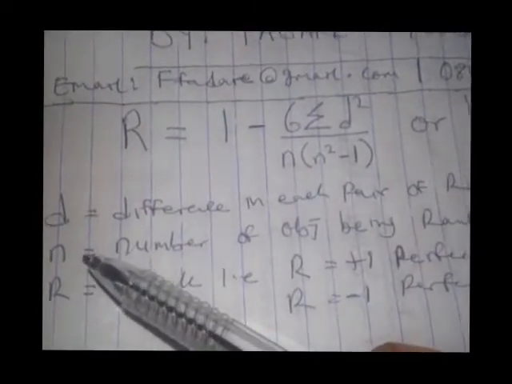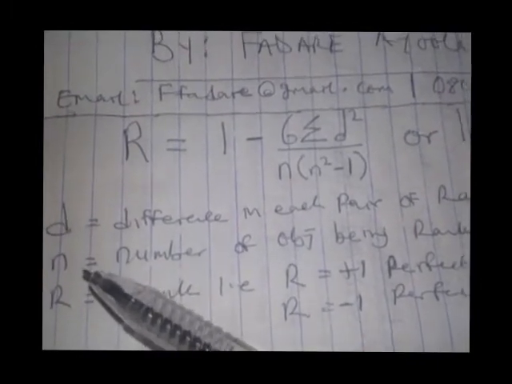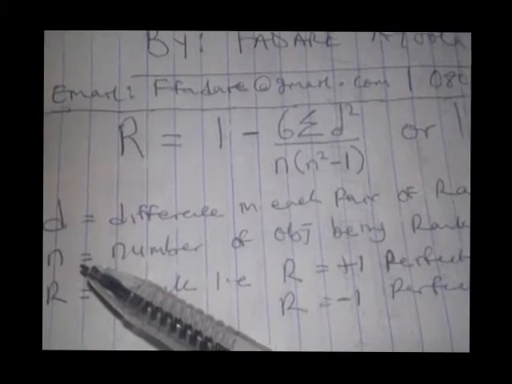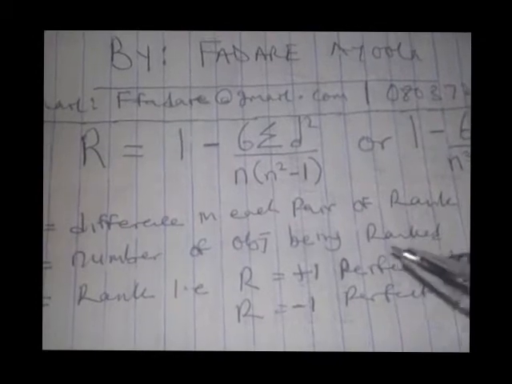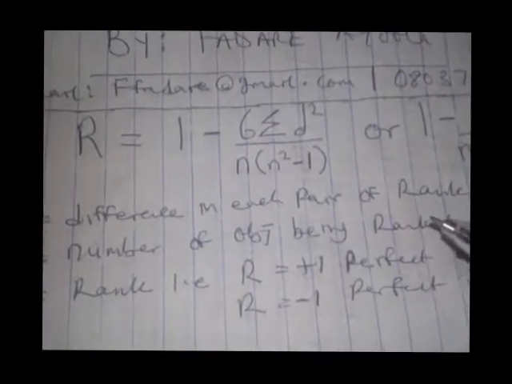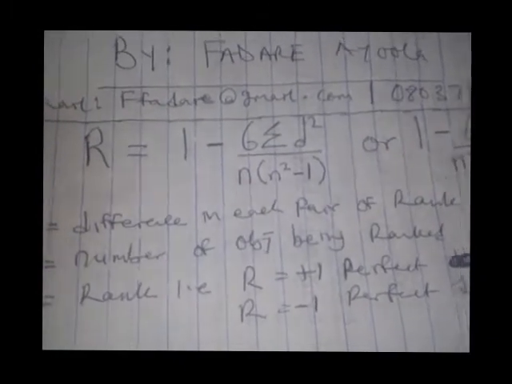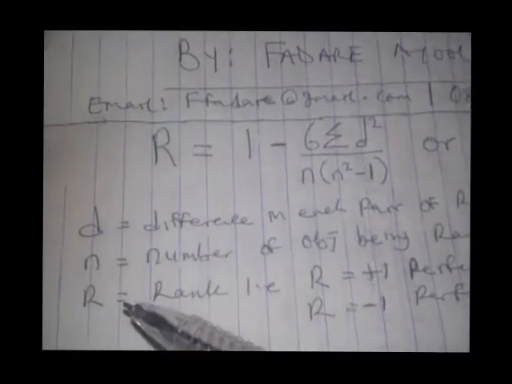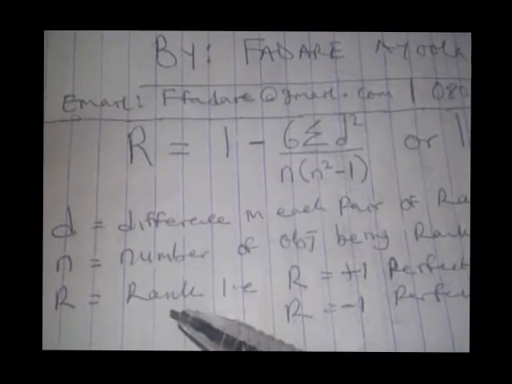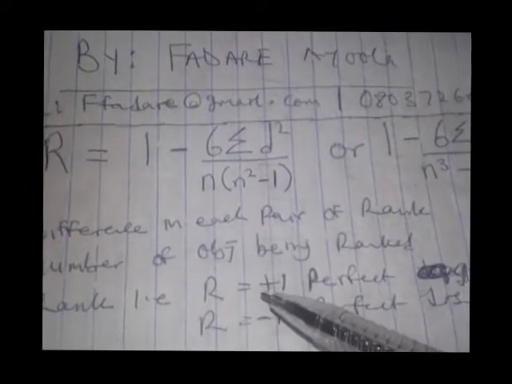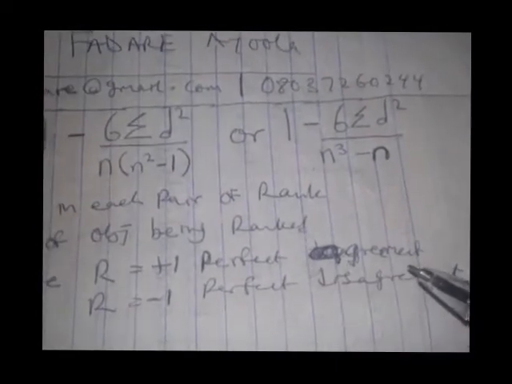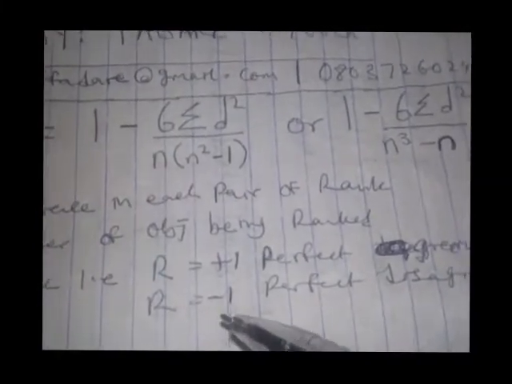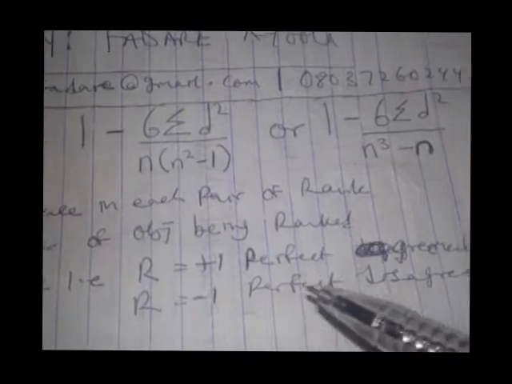N stands for the number of objects being ranked, or number of items. Then we say if R is equal to +1, it means that the equation has a perfect agreement. And if R is equal to -1, it has a perfect disagreement.